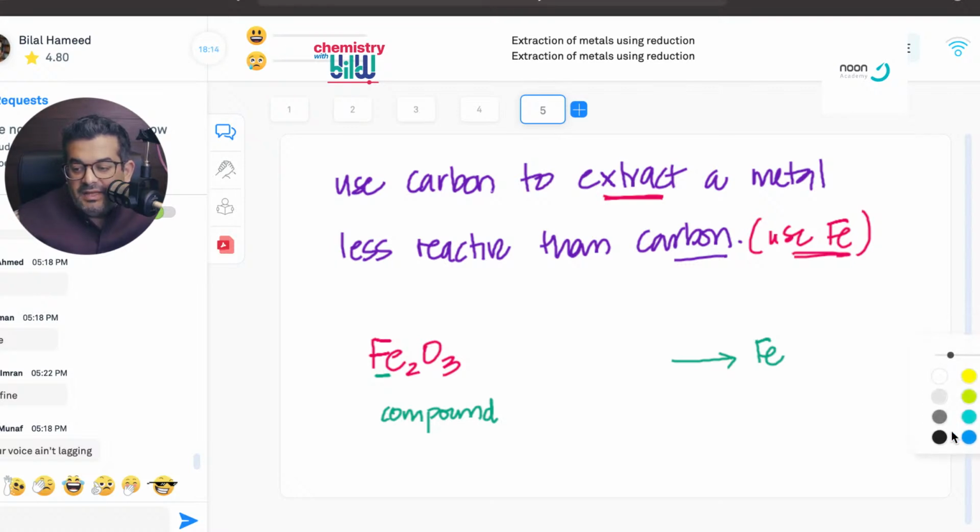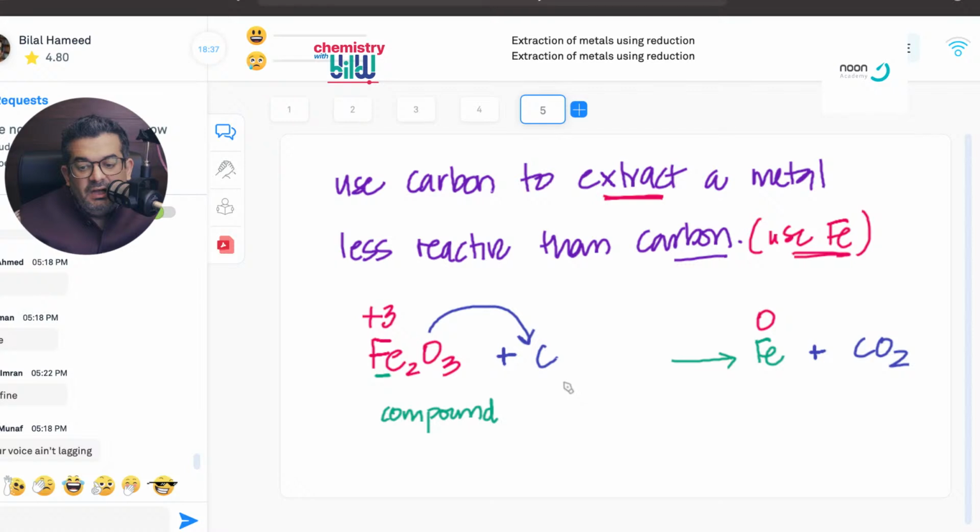The way we do that is with carbon. Carbon takes away the oxygen from iron. It is redox, because iron is losing oxygen. Iron is going from an oxidation state of +3 to 0, while carbon is going from 0 to +4.